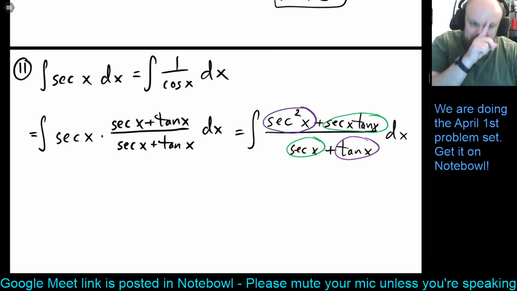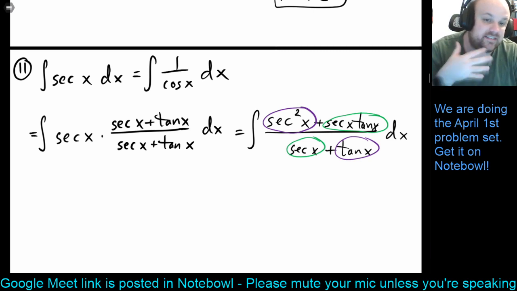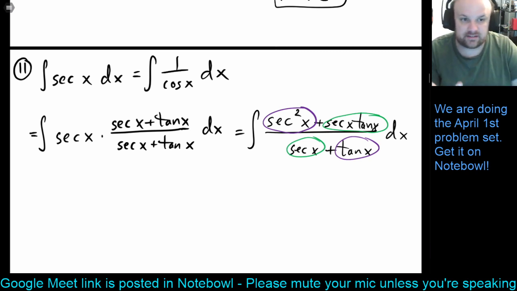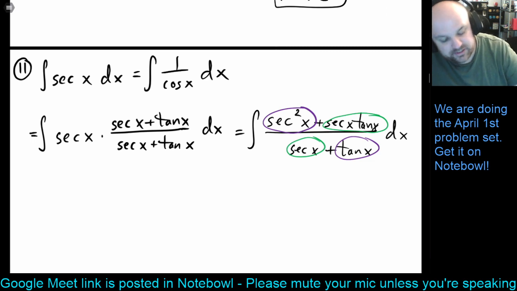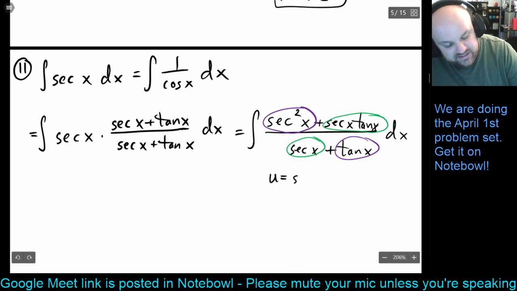So what we're kind of doing here, and secant is kind of unique in that this kind of trick works out, is we're creating something we can use as a substitution. So here, the substitution to pick is u equals secant x plus tangent x.